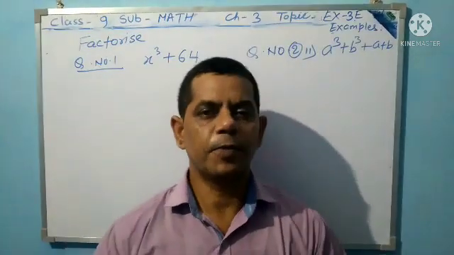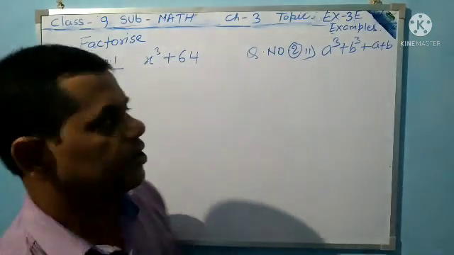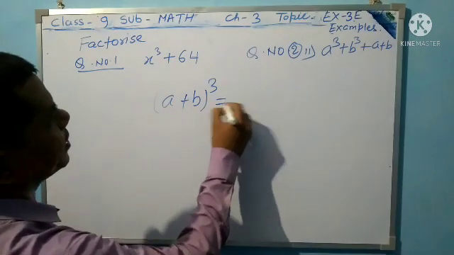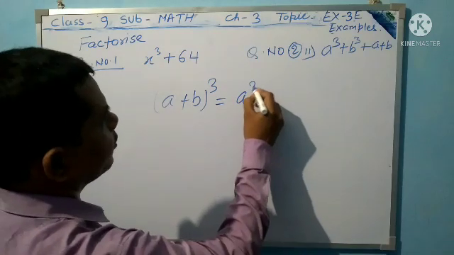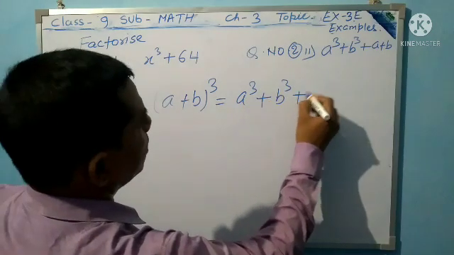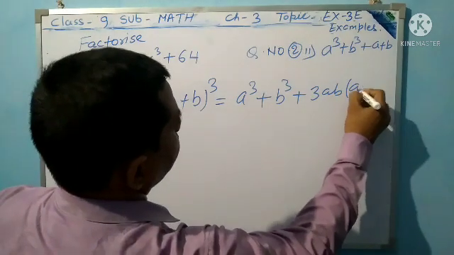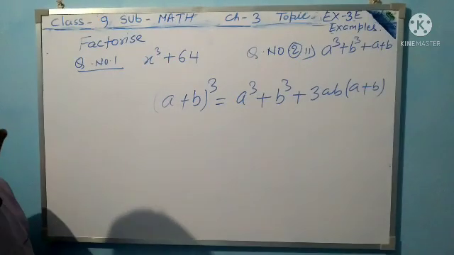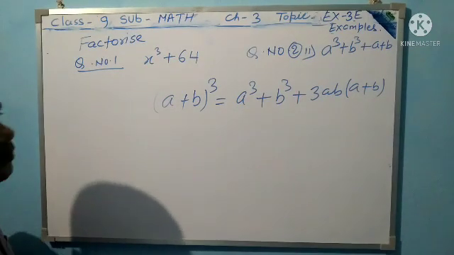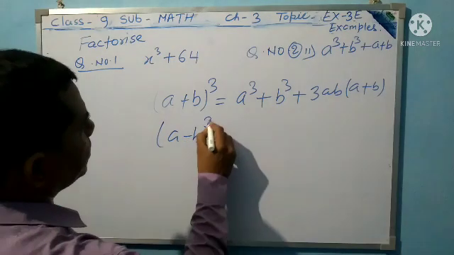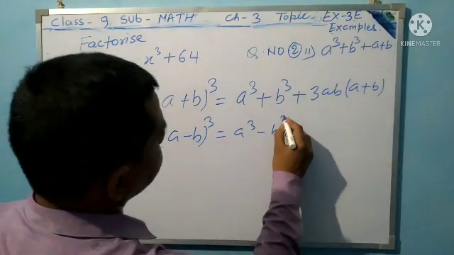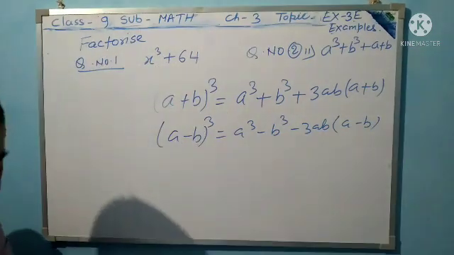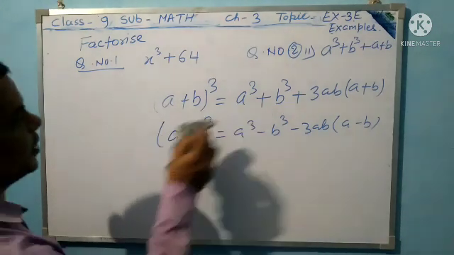First, explain (a plus b) whole cube, that is the formula a cube plus b cube plus 3ab into (a plus b), and (a minus b) cube is a cube minus b cube minus 3ab into (a minus b). So these are the two identities; let us solve the first identity.